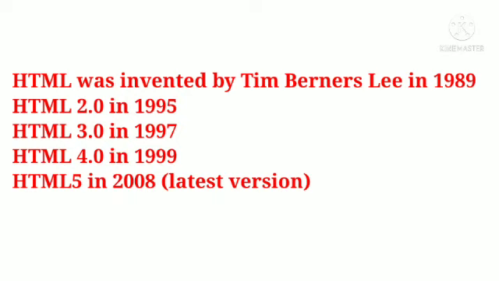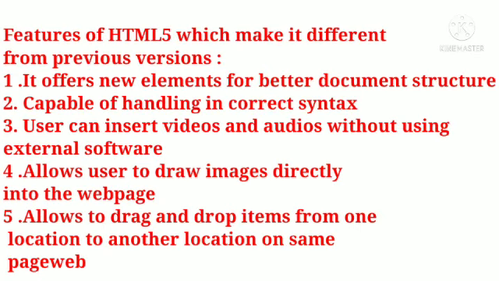Now, let us see the features of HTML5 as compared to other versions of HTML. First, HTML5 allows the use of new elements that help in creating a better and more beautiful document structure. It is capable of handling incorrect syntax. That means if the user makes any error in syntax, HTML will handle it correctly.